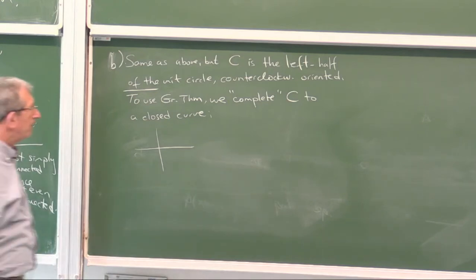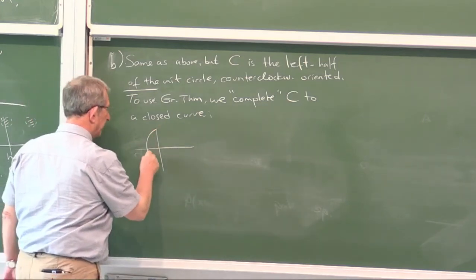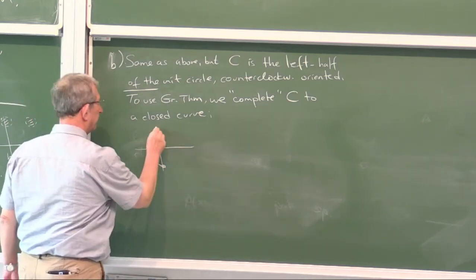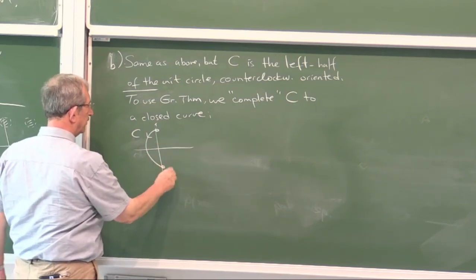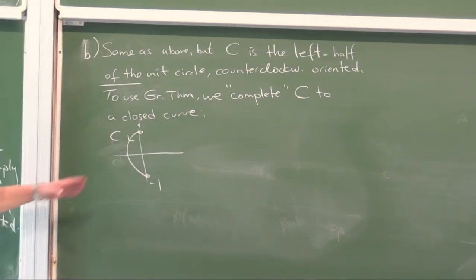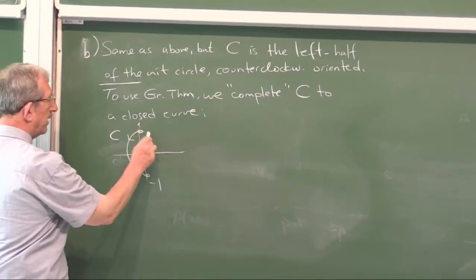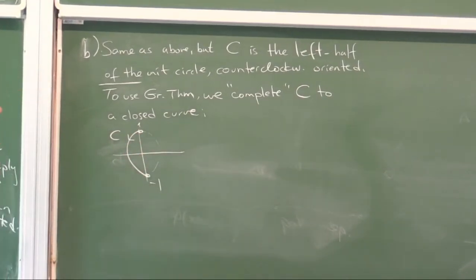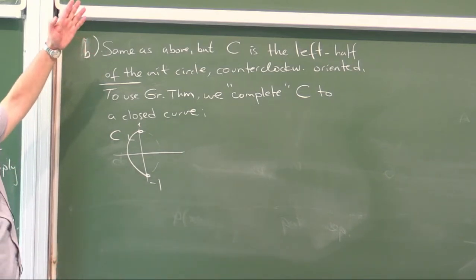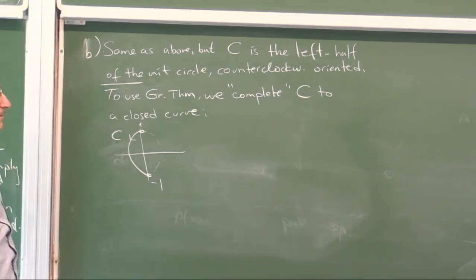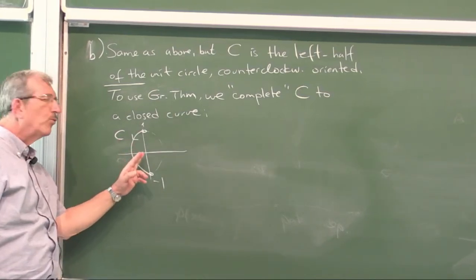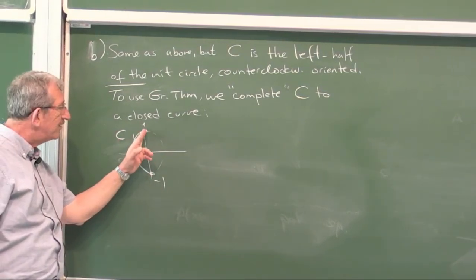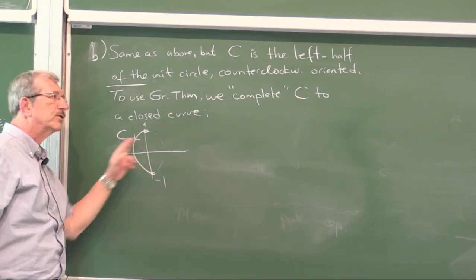For example, this being the curve in question, counterclockwise oriented, this is our C. Now, if we complete it by putting the right half, we would, of course, get the above result. But to calculate C, we would need to calculate the integral on the right side, which is almost the same as this one.